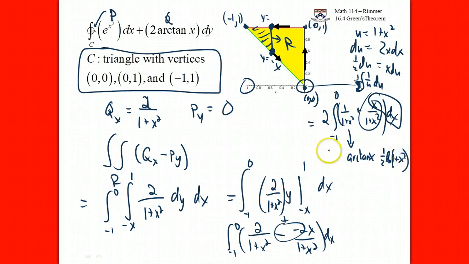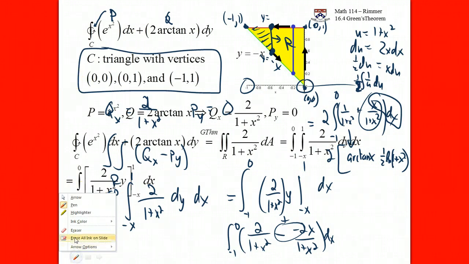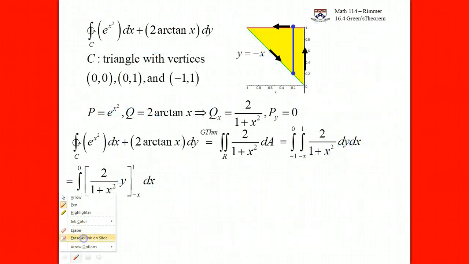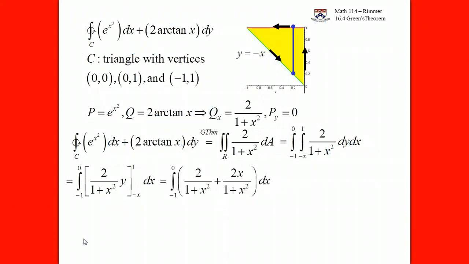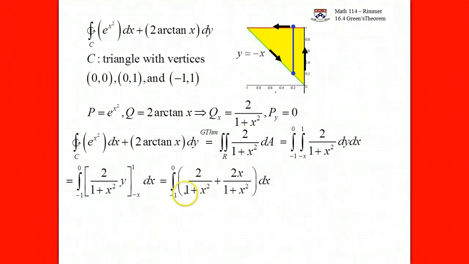Sorry, I'm running out of space here. Let's go to the animation. I'm sorry. My handwriting is just deteriorating here. It's messing it up. Okay. We get the natural log of, let's do it from here. This is the arctan. We're going to pull the 2 out and get the arctan of x.